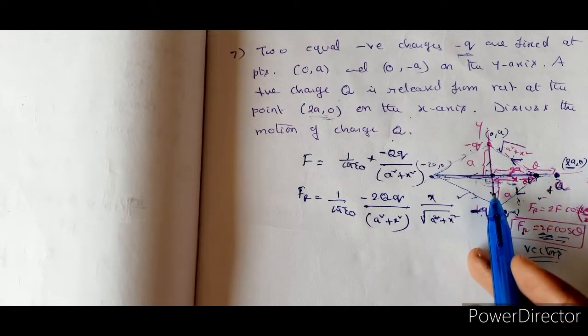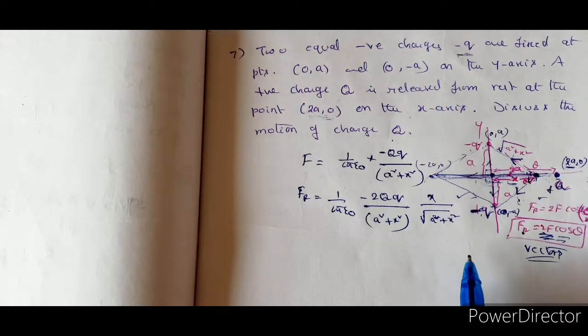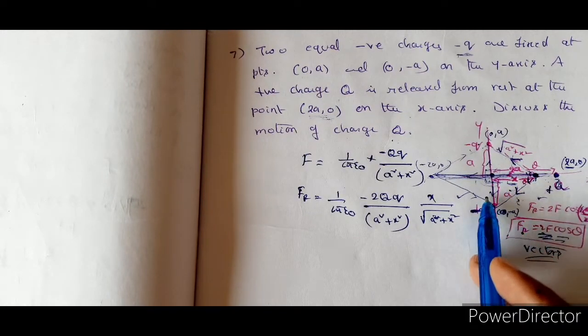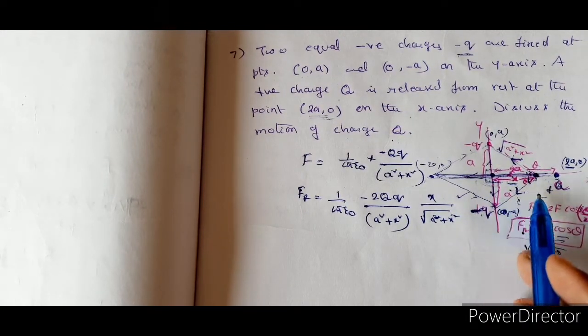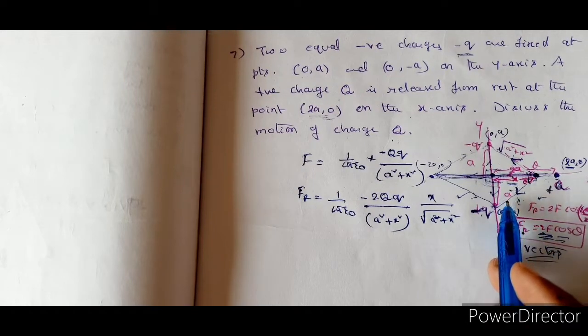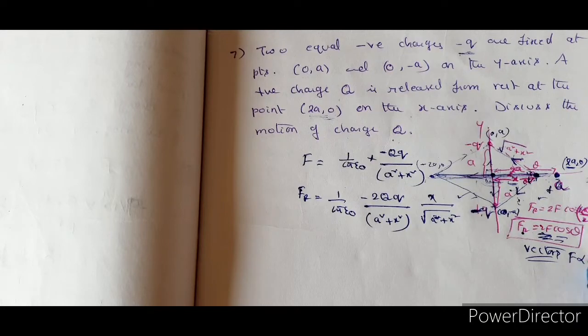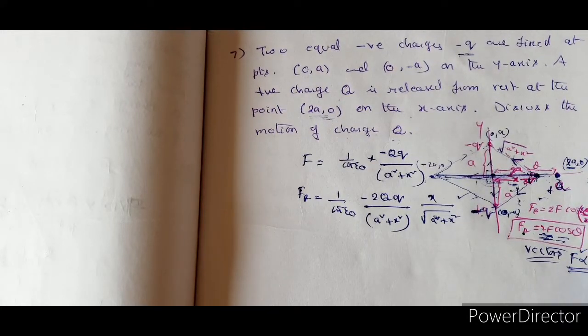Clear? And now what we have to see is, suppose if the x values, is it that always it is only oscillatory and there is no simple harmonic motion? See, you know that simple harmonic motion means F should be directly proportional to minus x. That means the restoring force must be linear with the distance, right?